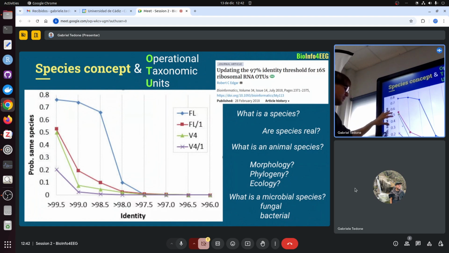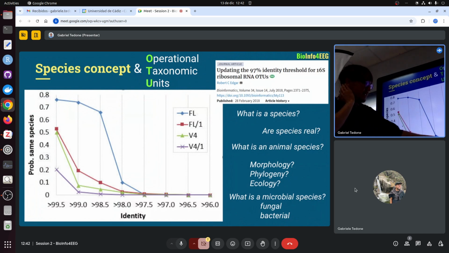So how we understand this graph is that if we cluster at 96% similarity, it might be too harsh a threshold, because we will clump OTUs together into the same species when they're actually probably not the same species.